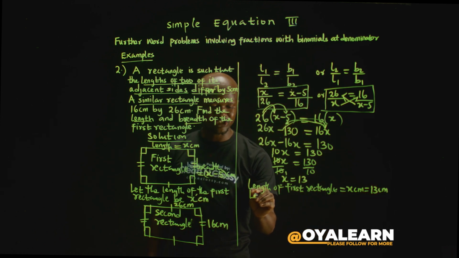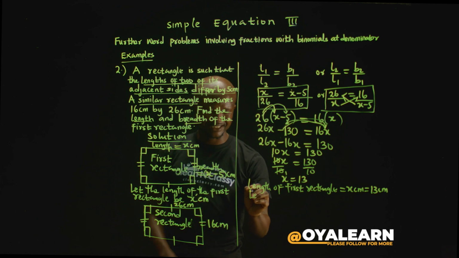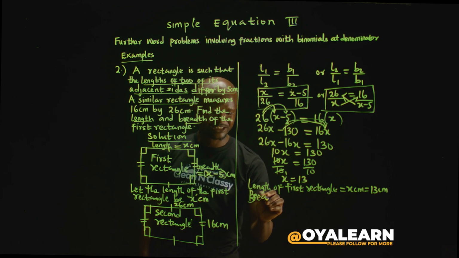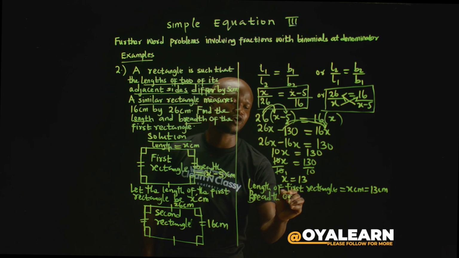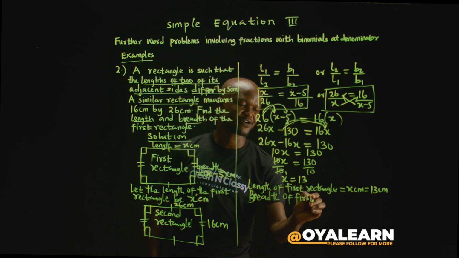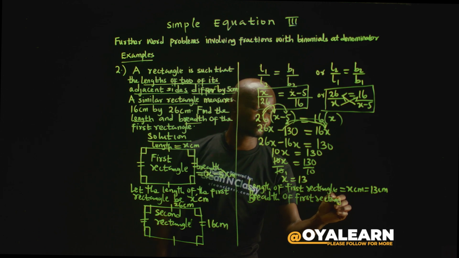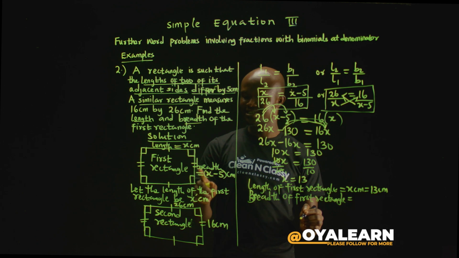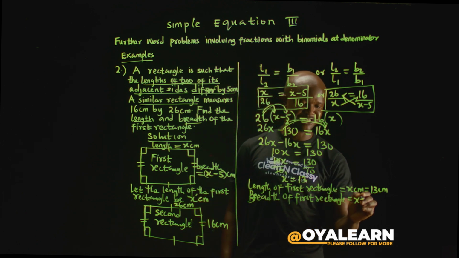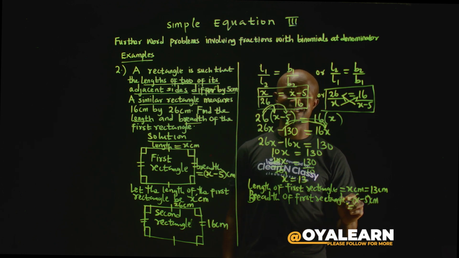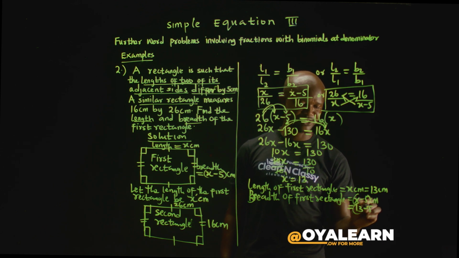The breadth of the first rectangle is x minus 5 centimeter. If you substitute the value of x to be 13, that will be 13 minus 5 centimeter.